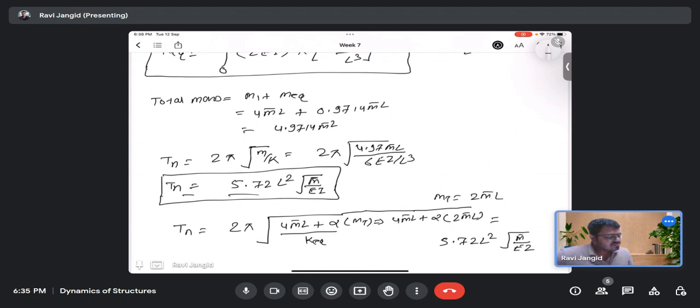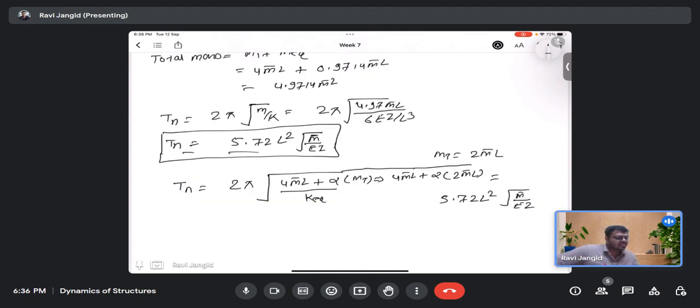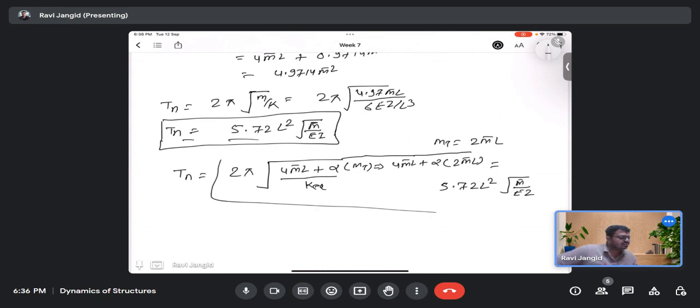Yes. So you can solve these two equations directly.